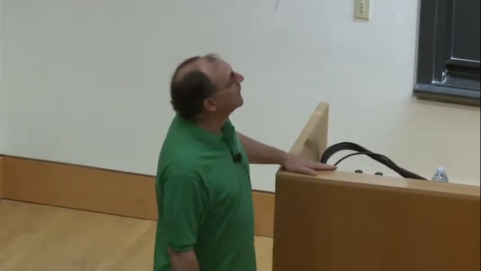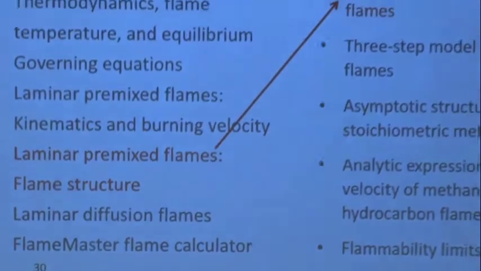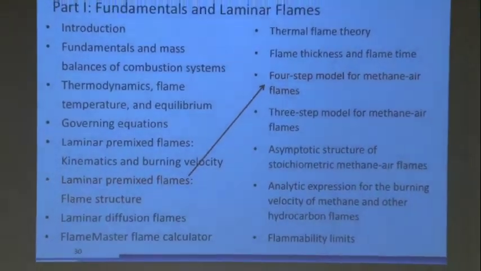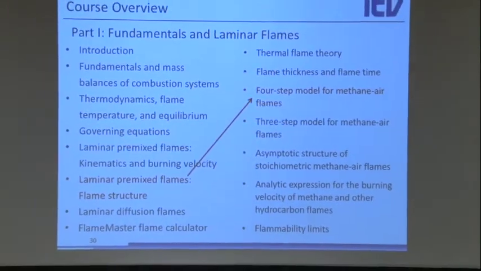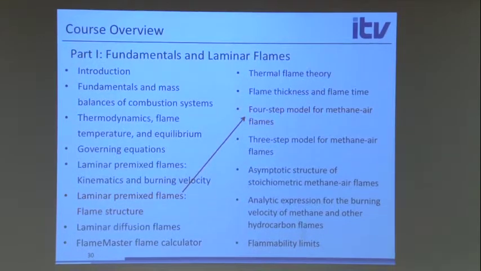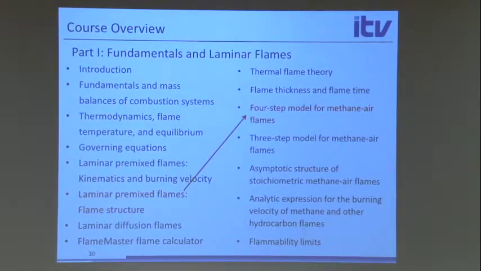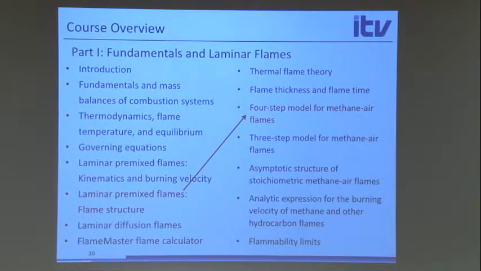Okay. So we were talking yesterday about premixed flames and flame structure. We talked about the flame structure according to thermal flame theory, where everything is just based on temperature. The temperature gets larger and larger, which means the exponential term gets larger.